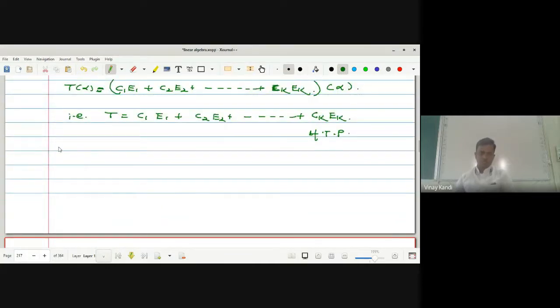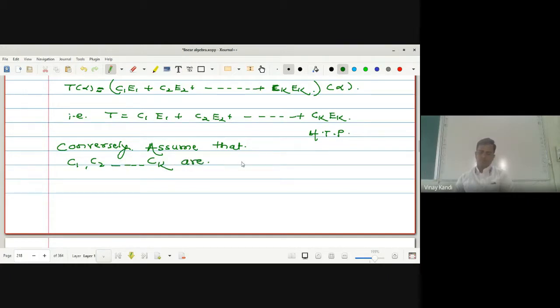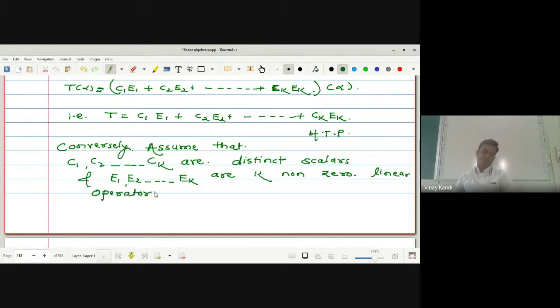Conversely, assume that C1, C2 up to so on Ck are distinct scalars, and E1, E2 up to so on Ek are k non-zero linear operators on V. What is the meaning of non-zero linear operators on V?